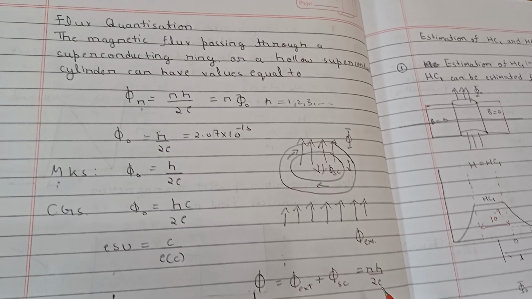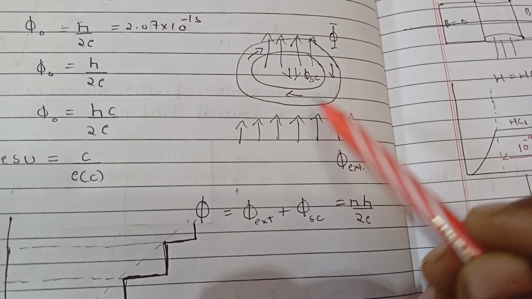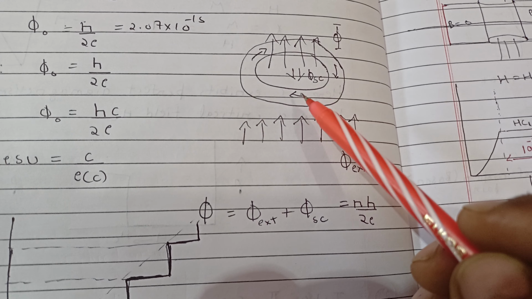Some physical interpretation can be shown from this graph. Take the case that phi external, you applied a field from the external side, then there is an opposite magnetic flux produced by the superconducting ring to cancel this out. Up to a point it will cancel out totally, and with the cancelling there is an increase in current in the superconducting ring.